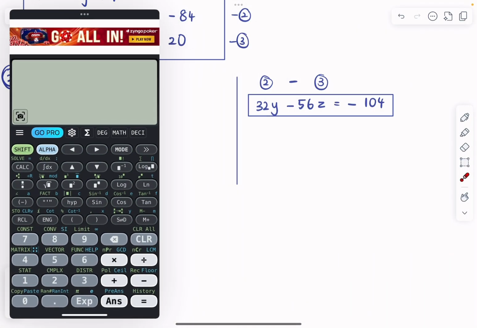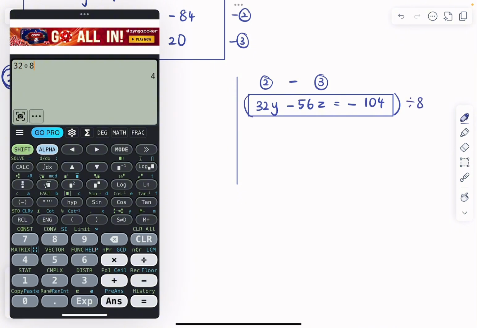But I think we can try to simplify this equation first. 32, 56 can be made into 4 over 7. So 32 to become 4, we divide it by 8. Let's see, 104 can divide by 8 or not? Can. So this whole equation can be divided by 8.